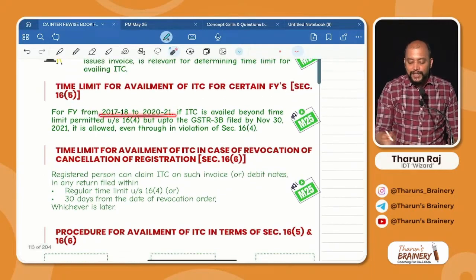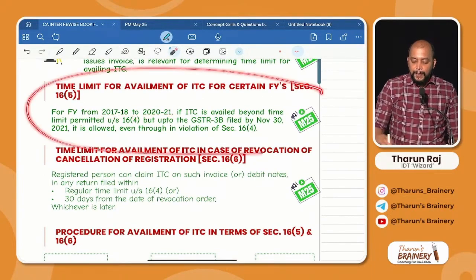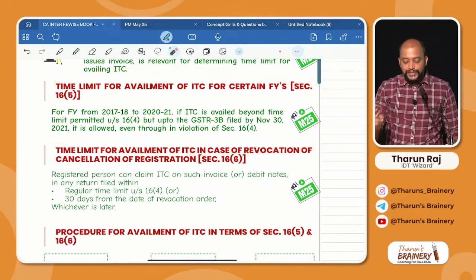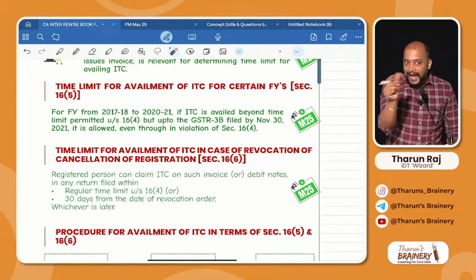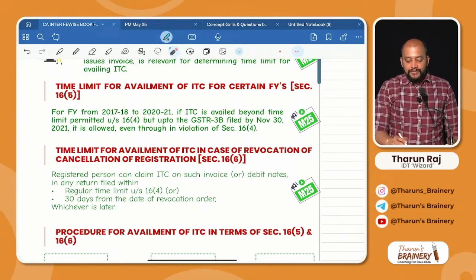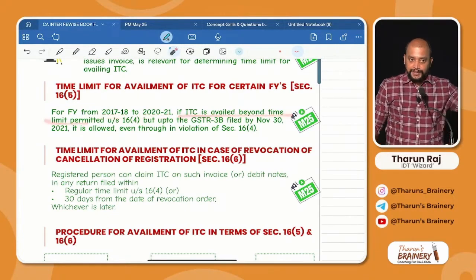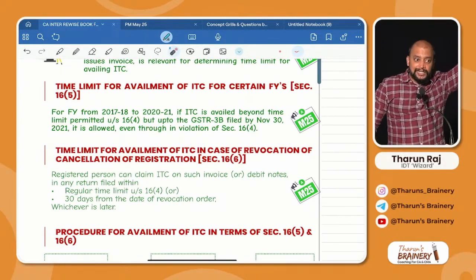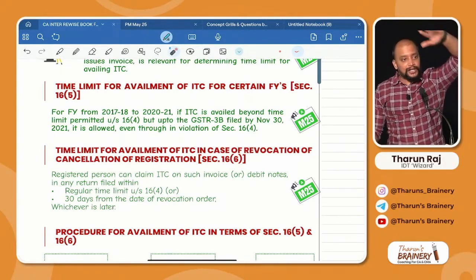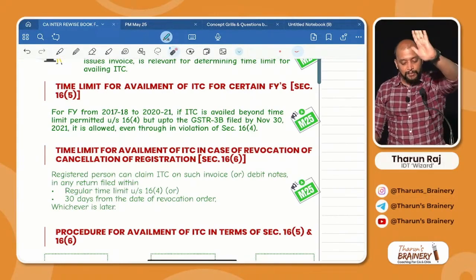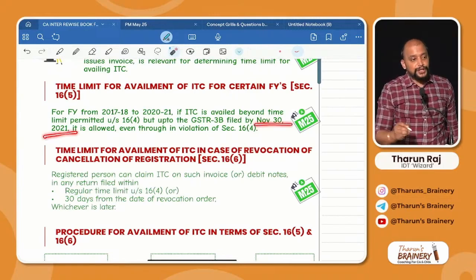17-18 to 2021. But this point may not be tested in the exam because this is just a stopgap provision from financial year 17-18 to 2021 if ITC is availed beyond the time limit. So in those financial years, they would have taken ITC beyond the time limit, but maximum by November 30, 2021.